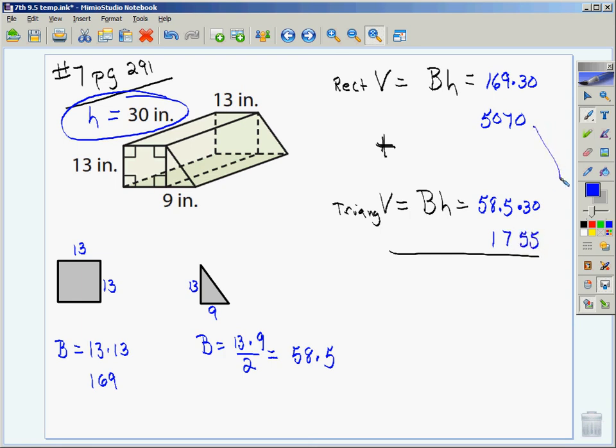And I add these 2 pieces together. 6,825 inches cubed is my volume.